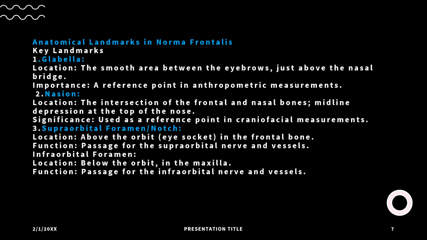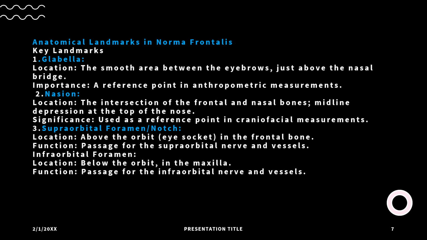with the two temporal bones. Next, we will quickly go to the landmarks that you can observe from the Norma Frontalis. First we will talk about glabella. Glabella is the smooth area between the eyebrows, which is often used in anthropometric measurement.